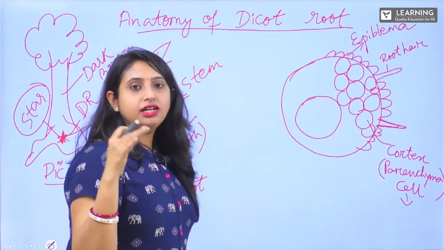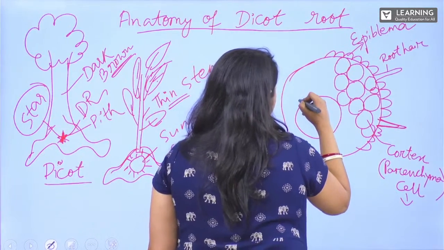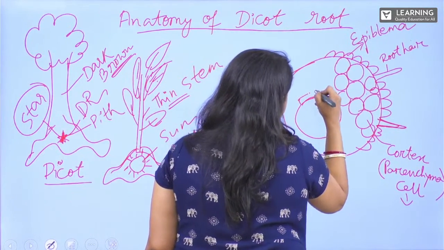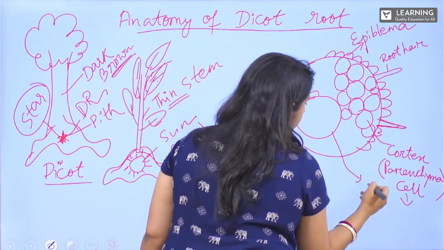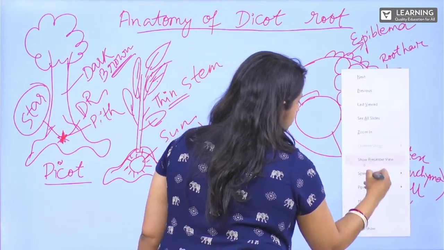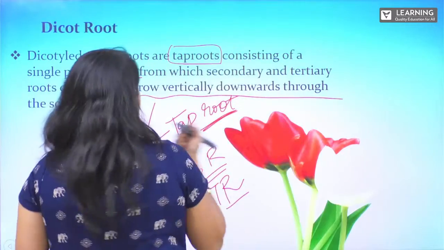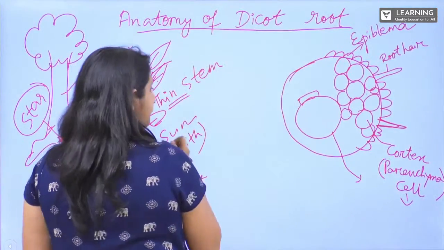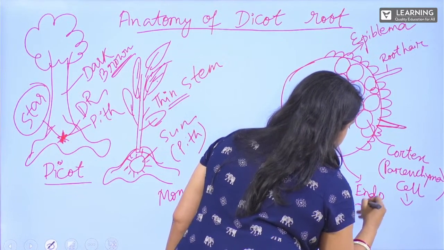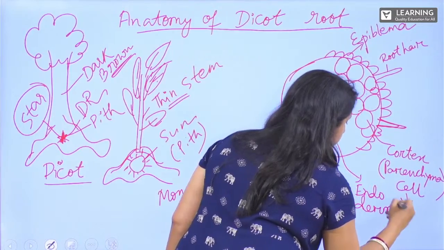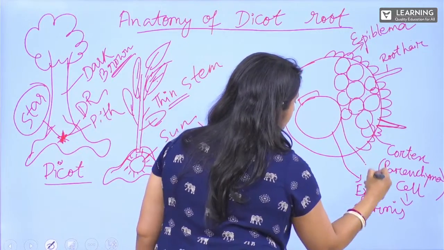Endodermis is the inner layer of any part of the plant. So after this, they will have endodermis. This is your endodermis, the layer outside is your endodermis.